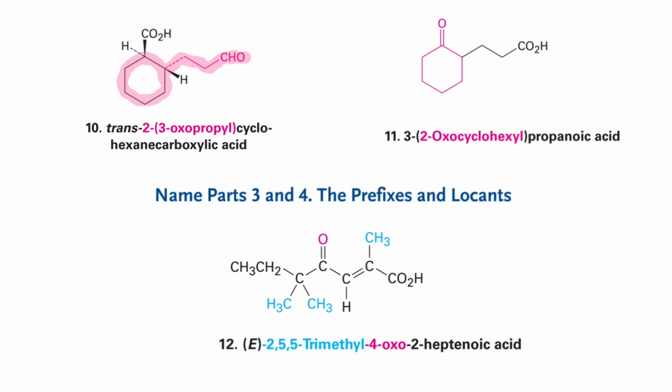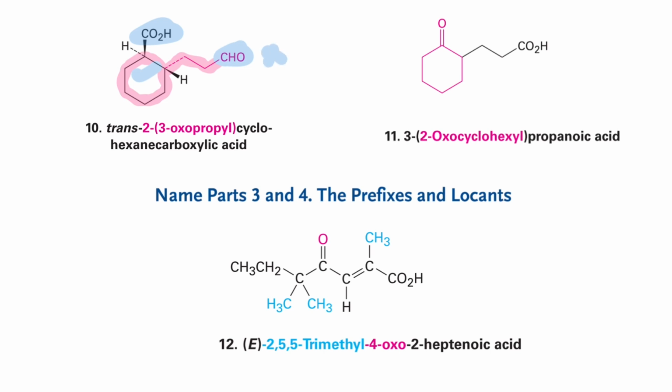Therefore, we have the first priority group we have to select. This is a first priority group, carboxylic acid. This is a second priority group. Therefore, we have to select the ring as the first priority group rather than the open chain.